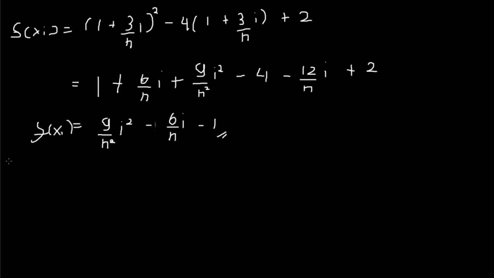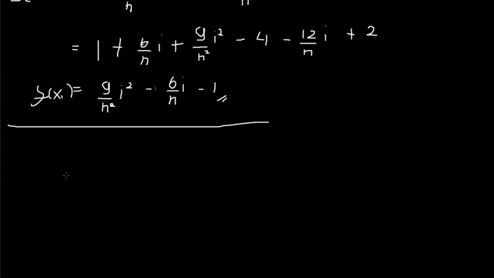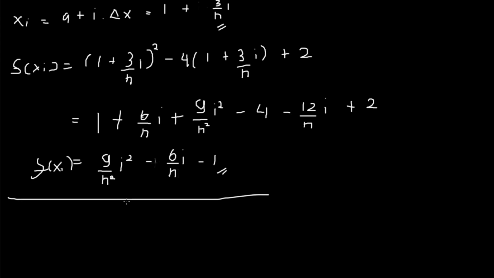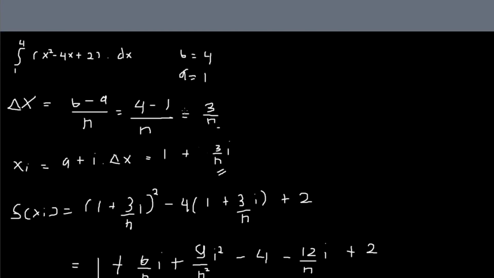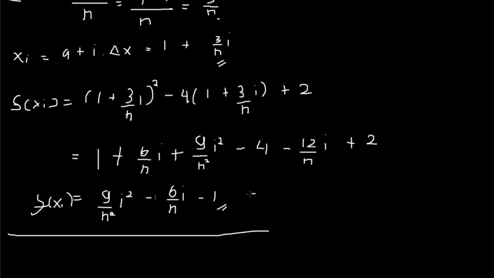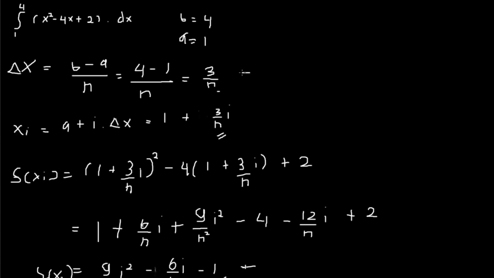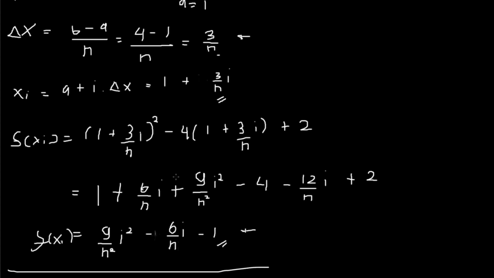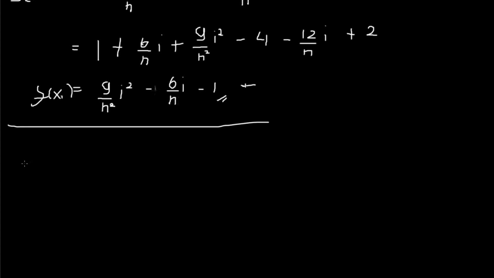So now, in order to get our Riemann sum, we are going to use our f of xi and our delta x right here. We're going to use these two equations to find the result of the Riemann sum theorem.